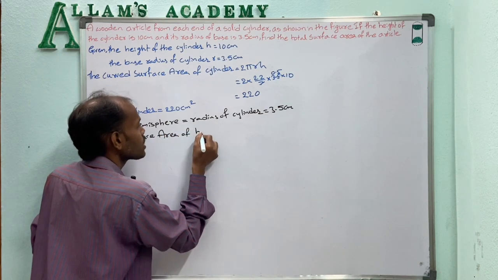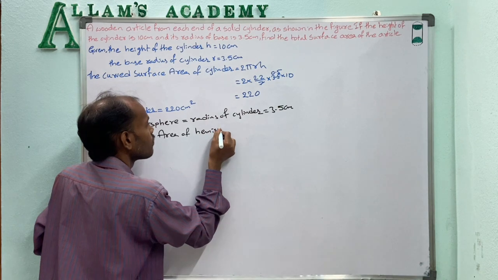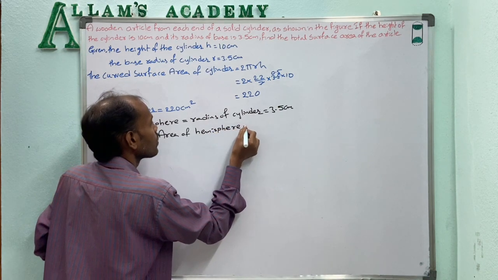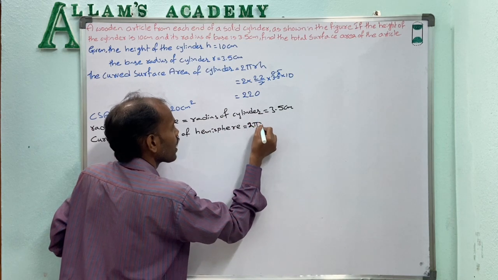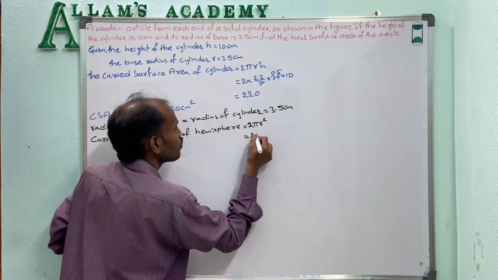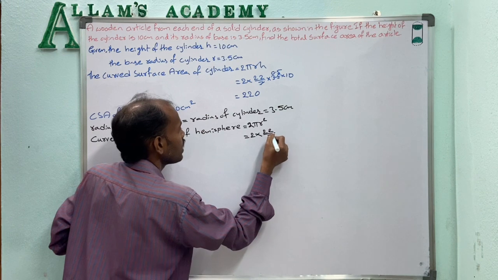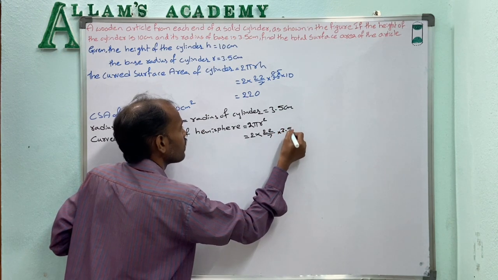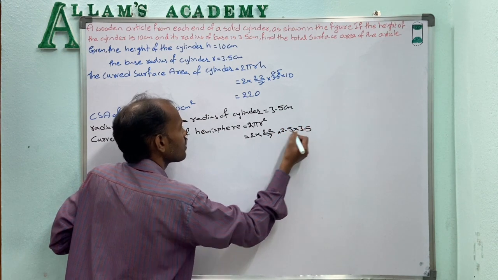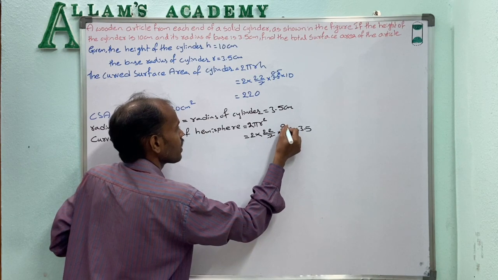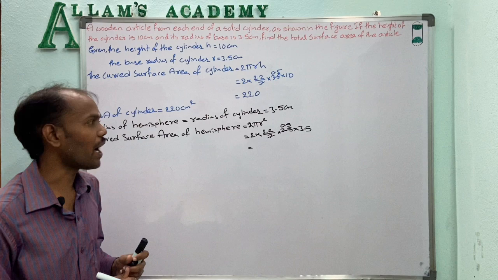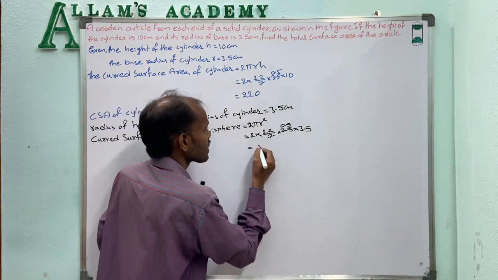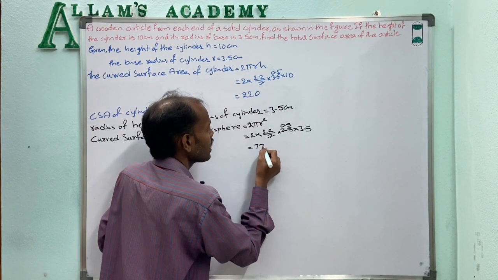So now the curved surface area of the hemisphere equals 2 pi r square, that equals 2 into 22 by 7 into 3.5 into 3.5. So 7 ones are 7, 0.5. So 2 into 22 into 0.5 into 3.5, that is nothing but 77.